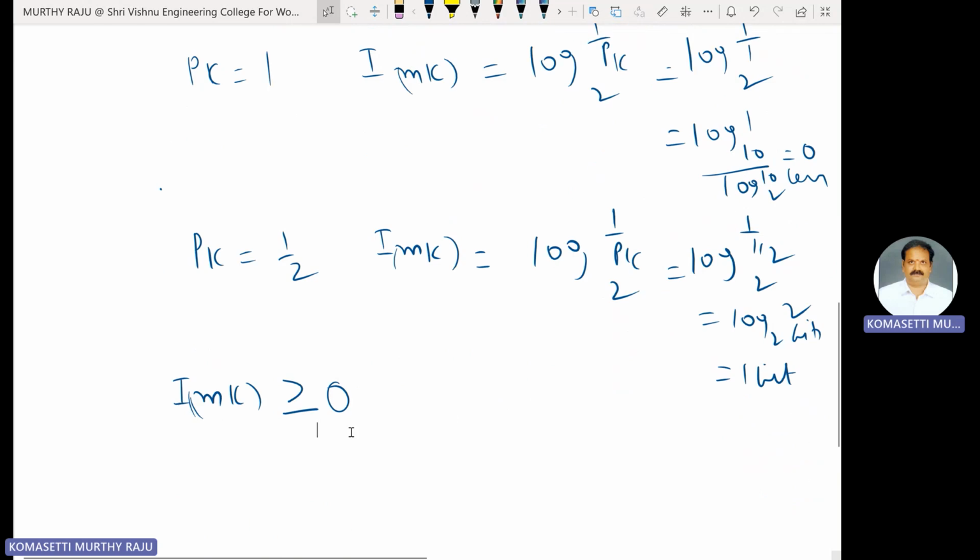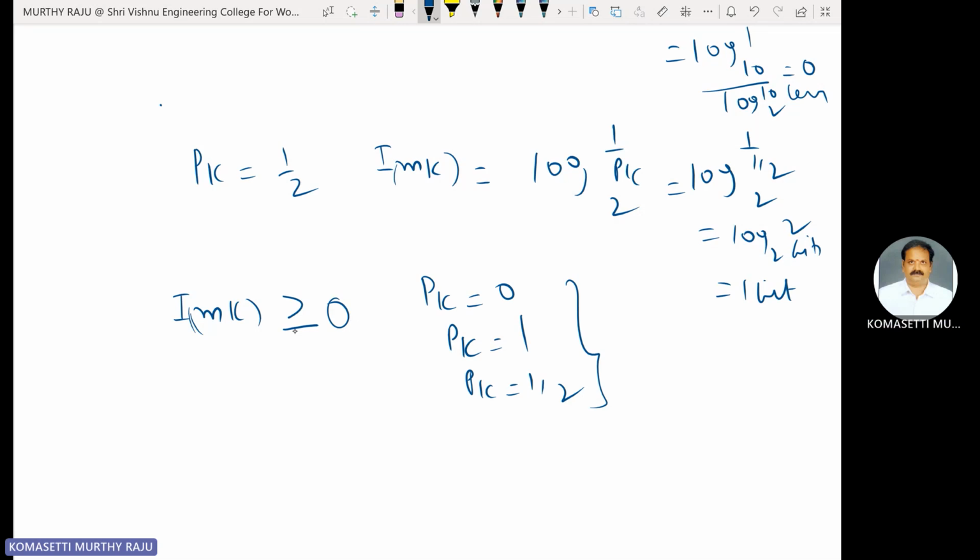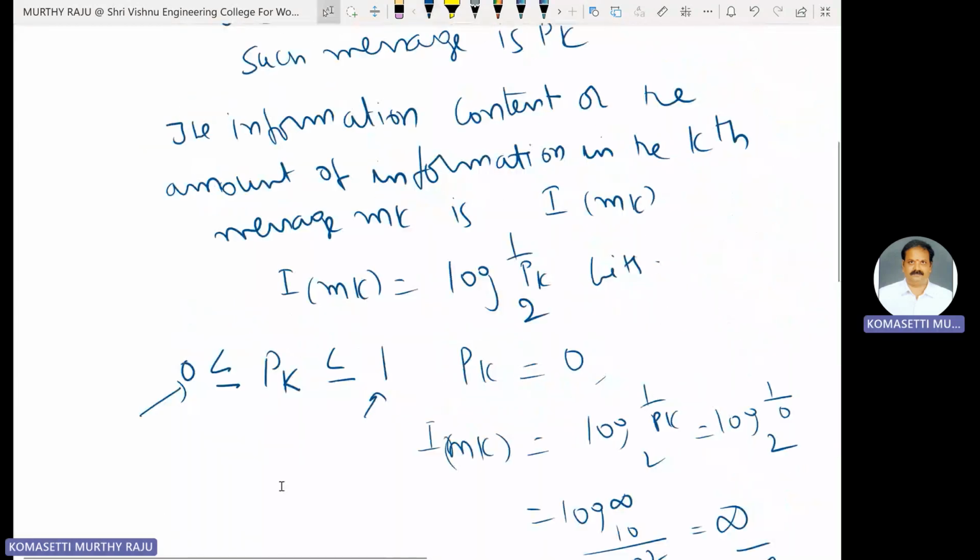That means more, it's greater than 0. For PK is equal to 1 by 2, a surprising event, 1 bit, that is greater than 0. Consider these three cases, PK is equal to 0, PK is equal to 1, and PK is equal to 1 by 2. The information content carried by such an event is greater than or equal to 0. This is the one property.